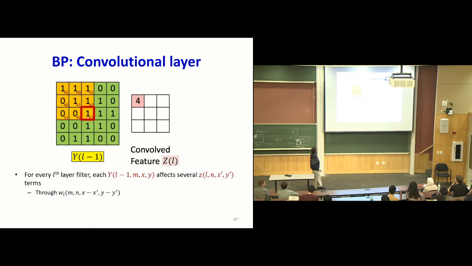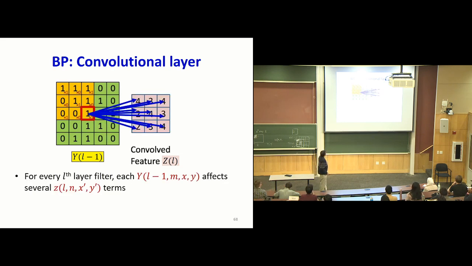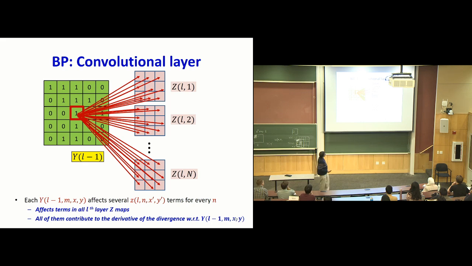So now, for every Lth layer, y influences several z's through this weight, we know. And so, for example, this guy influences all of those guys. And it's going to do this for every one of the maps, correct? So in other words, this y influences all of these z's.